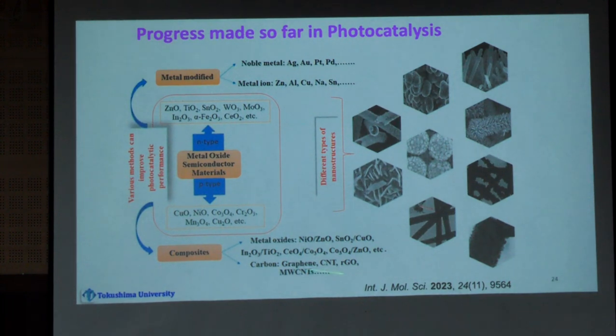Metal oxide, carbon-based material. Metal oxide, metal. So binary composite, you will find several papers. Last 3-4 years, instead of this binary, the ternary composite can be prepared for photocatalysis.